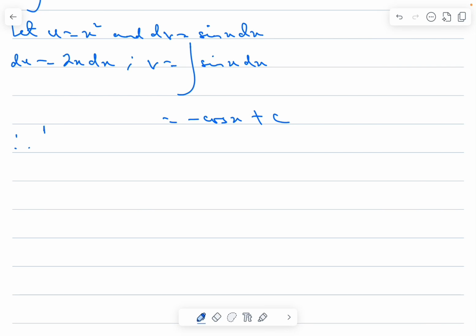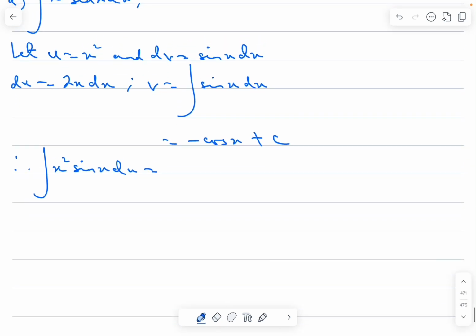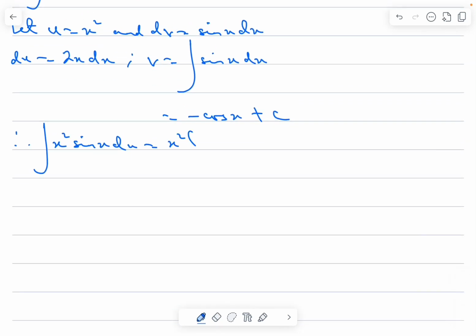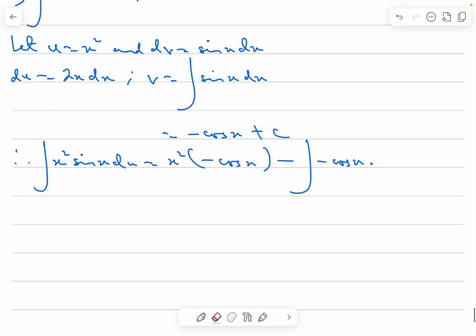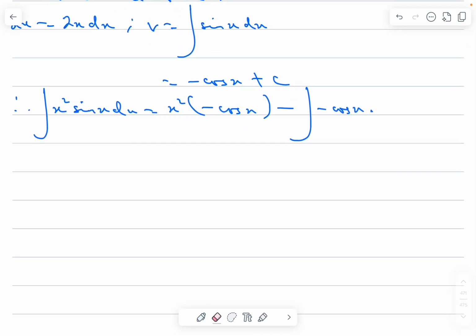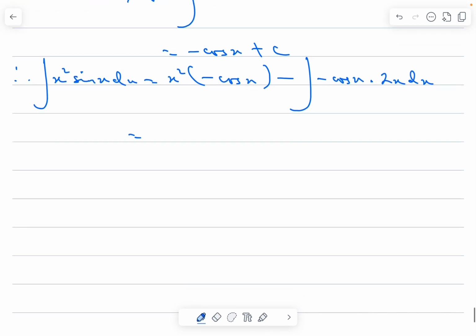And that simply means the integral of x squared sine x is the same as uv. u is x squared times v, which is minus cos x, minus the integral of v du, which is minus cos x. du is 2x dx. So that's minus cos x times 2x dx. And that's equal to minus x squared cos x.